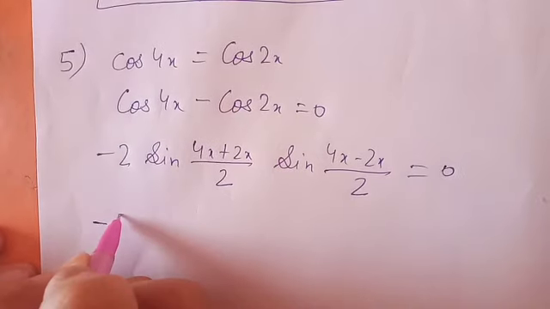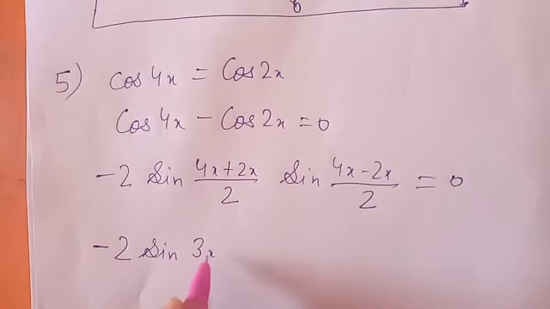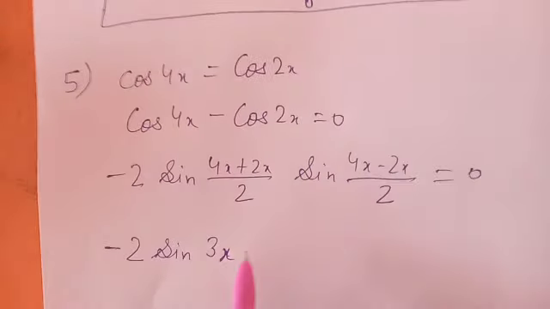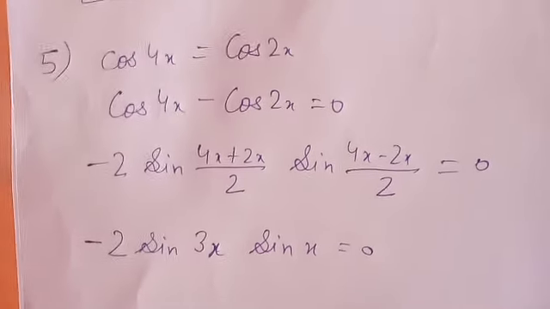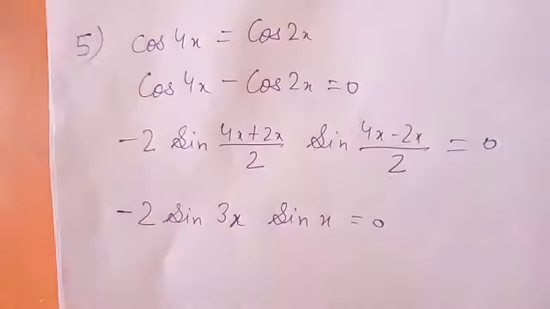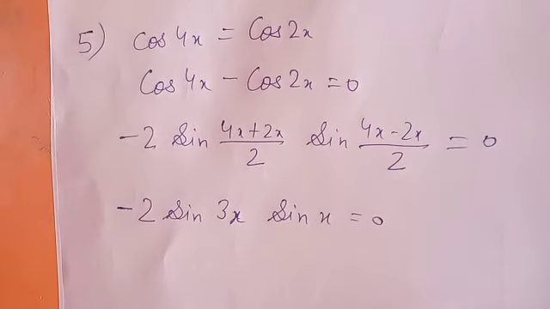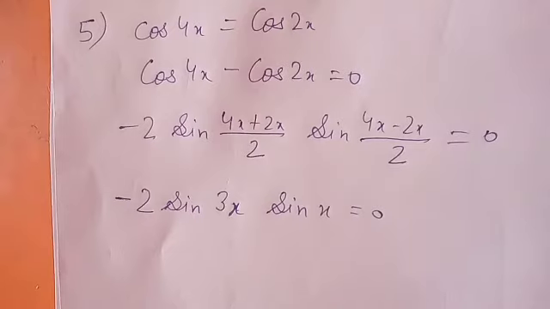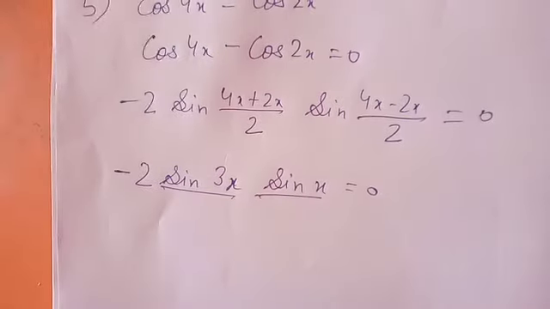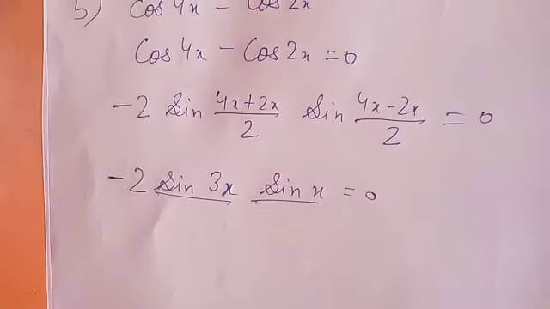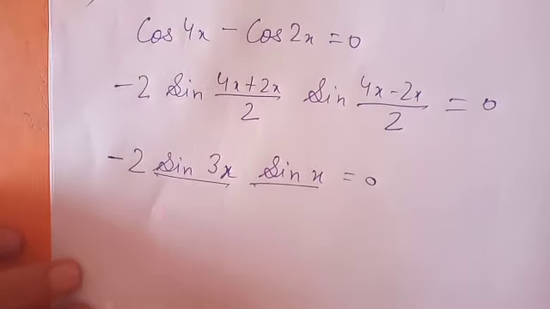So it is minus 2 times sine 3x into sine of x equal to 0. Okay. Now we got all of our function in form of sine.